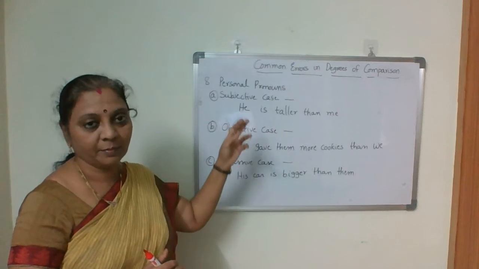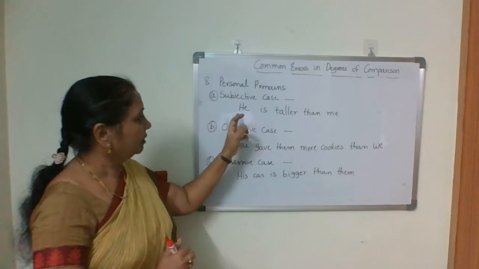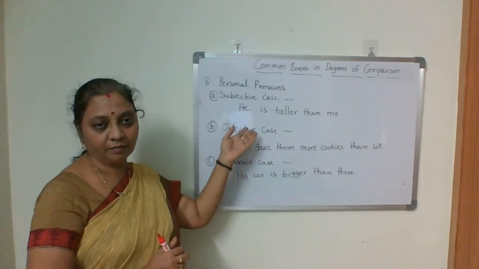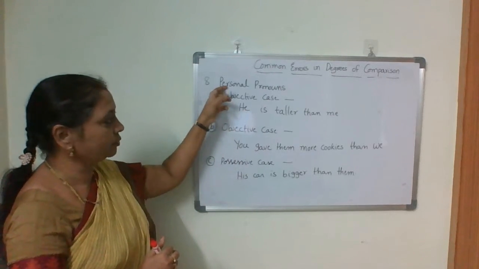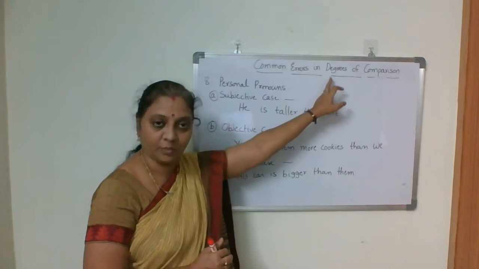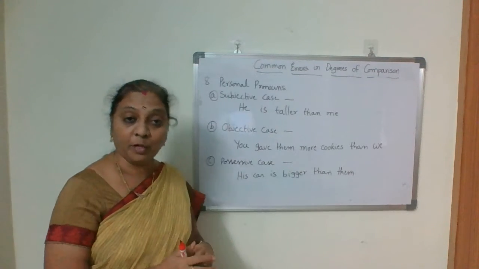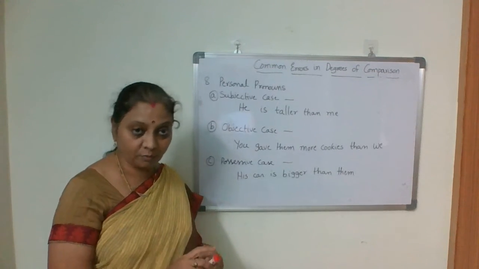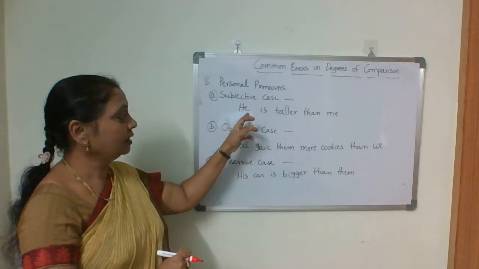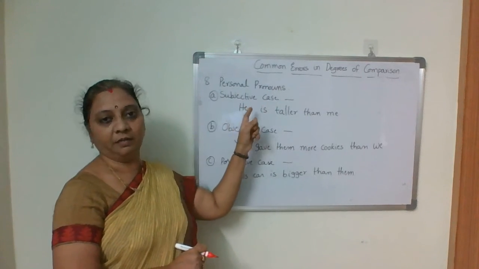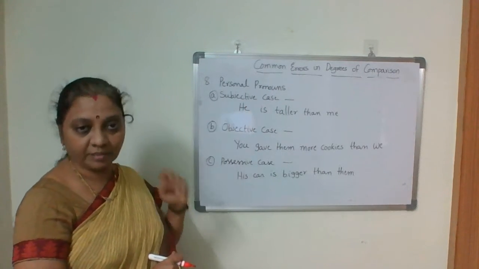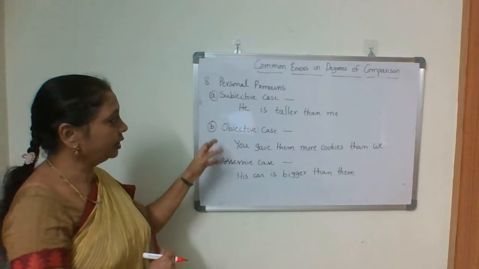Usually the children make some errors related to personal pronouns. Already I explained this in common errors in pronouns, and I mentioned one point there, and once again we do that.